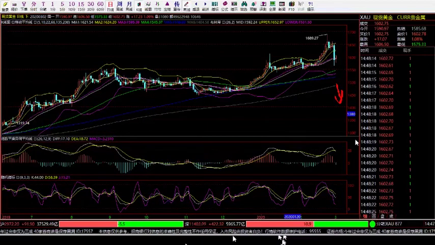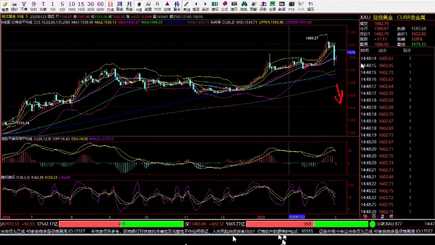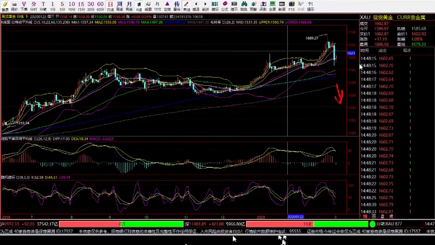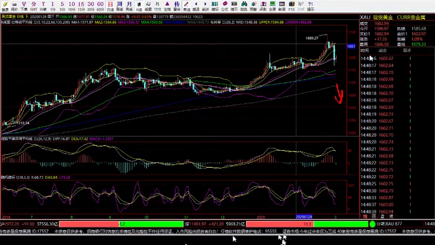The pressure above will be 1,620, and above that will be 1,650.